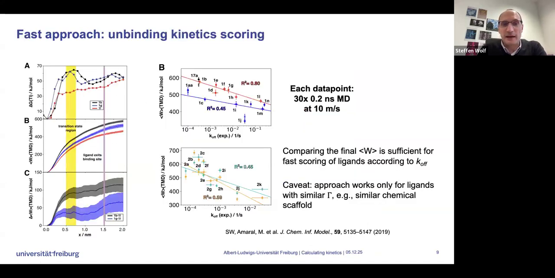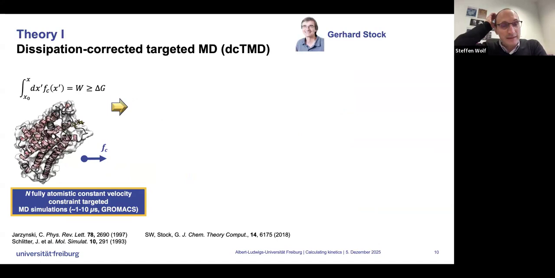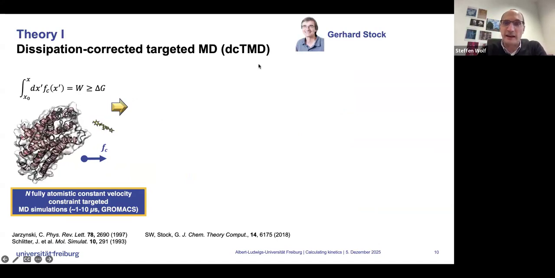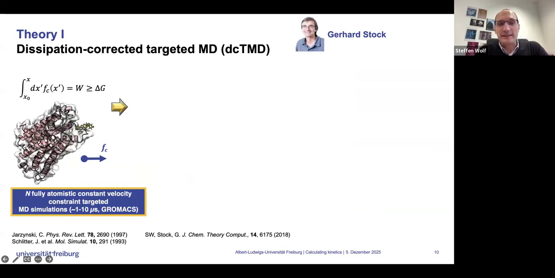And we do this by an approach that we again call dissipation-corrected targeted molecular dynamics simulations. For this, we start with fully atomistic simulations where we enforce the unbinding of a ligand from its bound state via a constant velocity constraint.